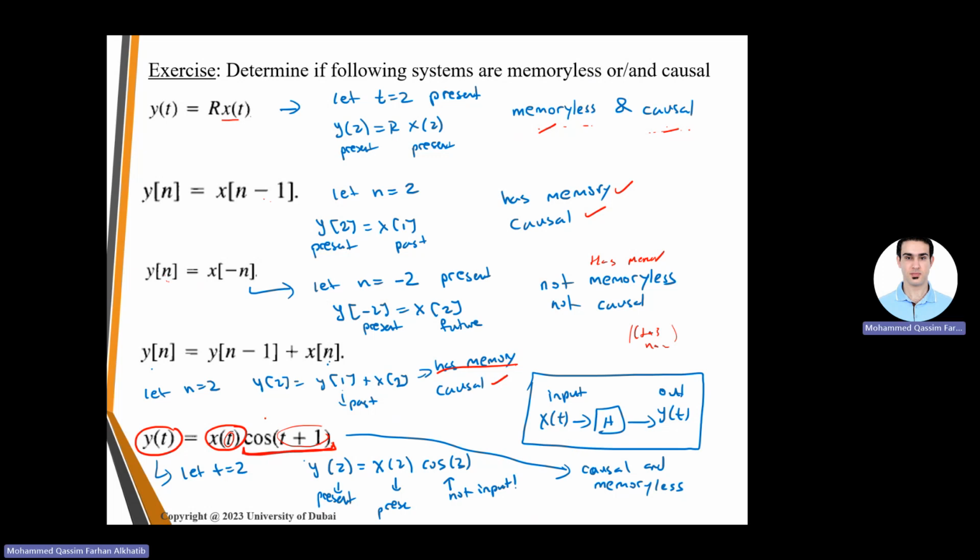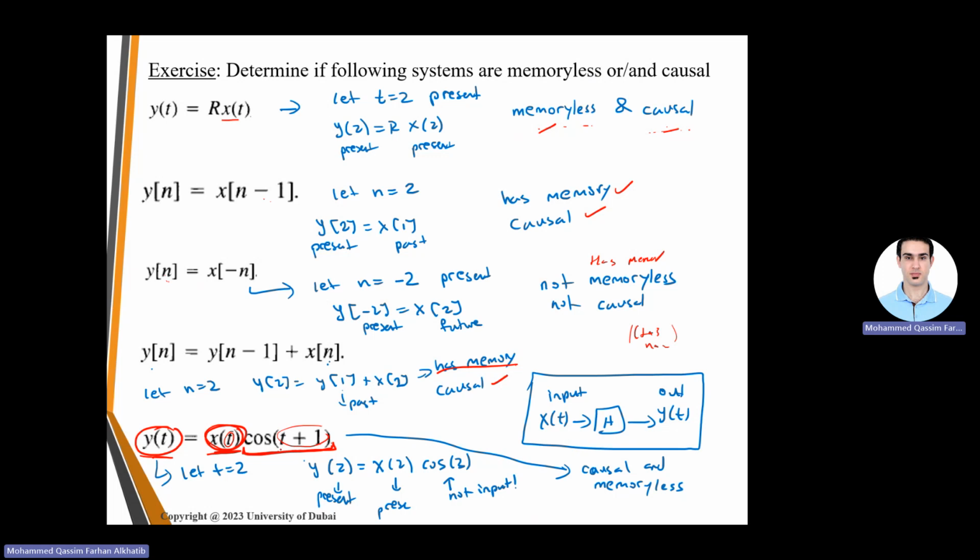Whatever value of t you substitute is going to result in a constant, cosine of 3, cosine of 10. So it is a constant. It does not affect the values of x. So my only analysis should be the relationship between x and y. Someone might say, oh, it's t plus 1, so it relies on a future value, and then the system is not causal. No, the focus should be between the input and the output.